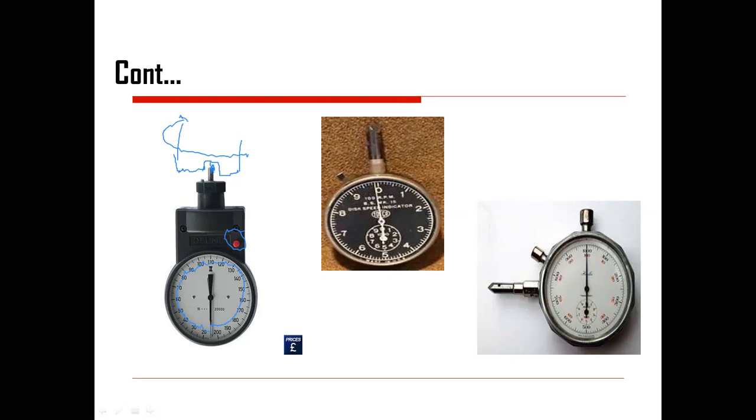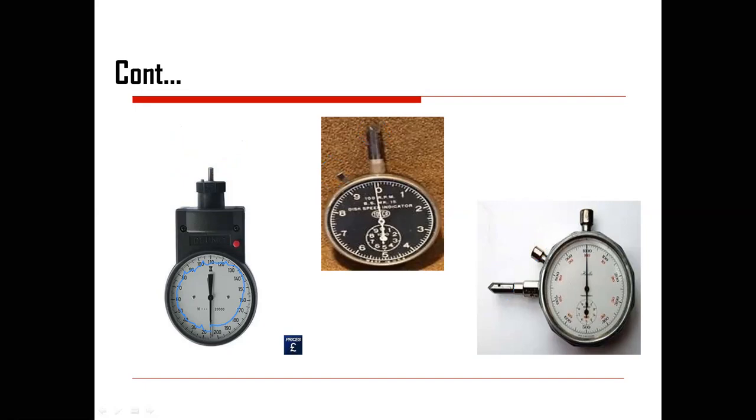But the counter will start only when you press this particular button. Similarly, for this one, this is the spindle and this is the button. Using this button, you can start the counter. Similar is over here. These are different types of hand indicators, and you can use these different models depending upon the upgradation of that particular device.